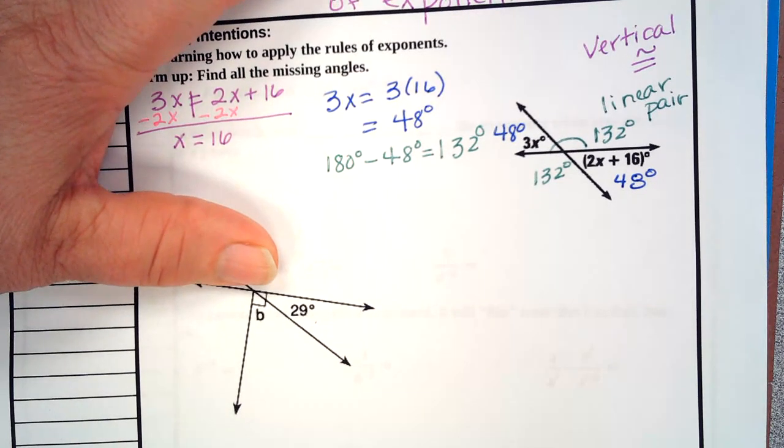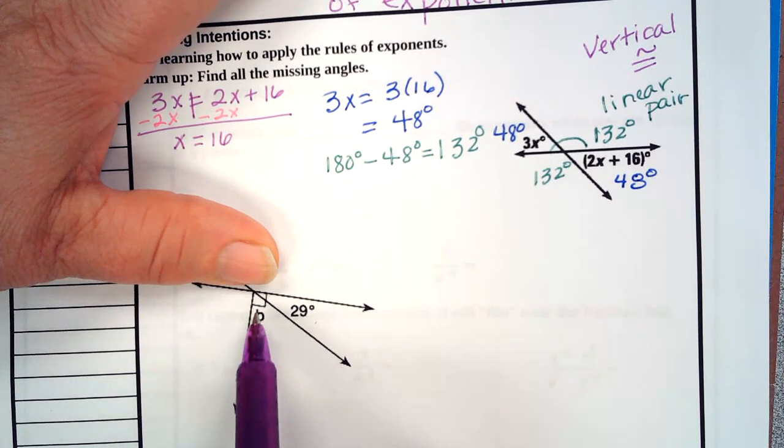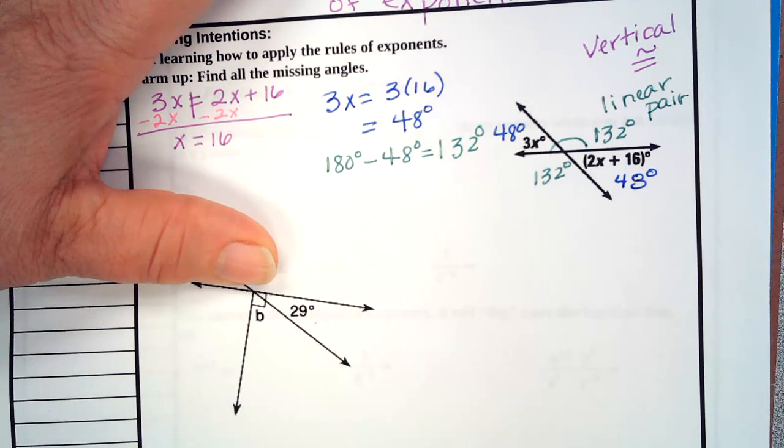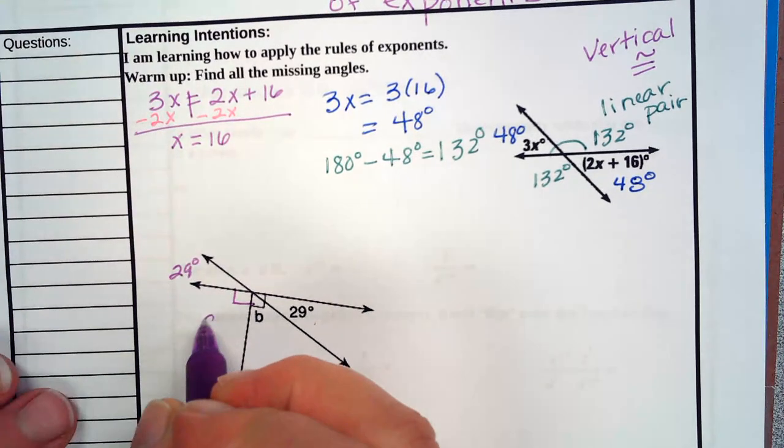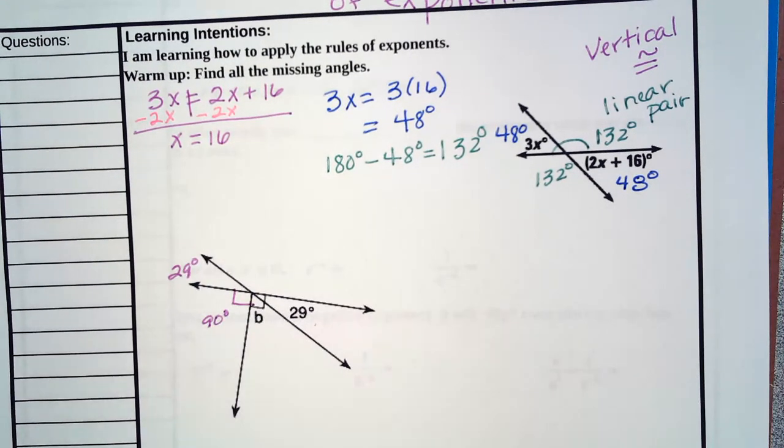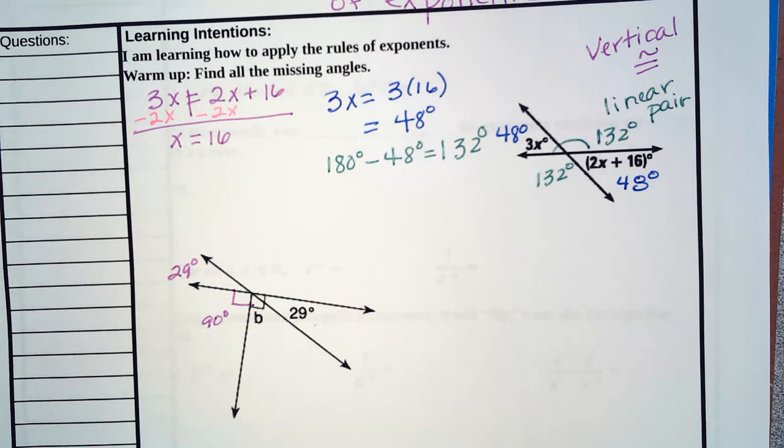If I cover this up, I've got that line. If this one is 90 degrees, guess what the other one has to be? It is also 90 degrees. Without any math at all, I found two angles just by looking and analyzing.